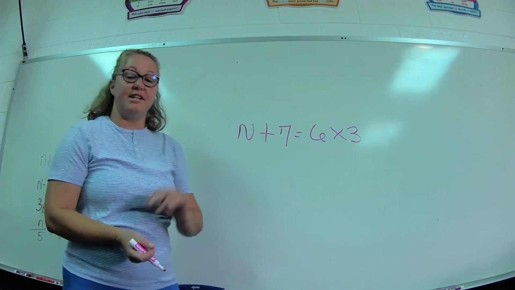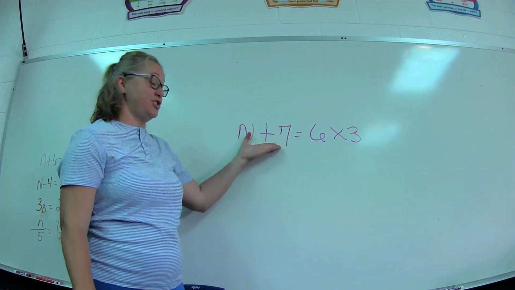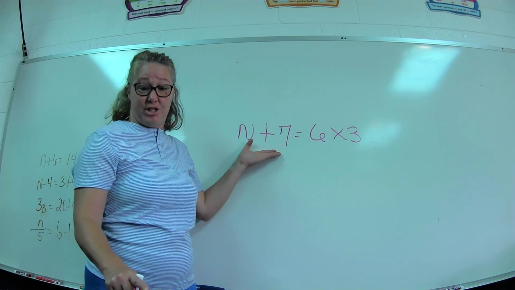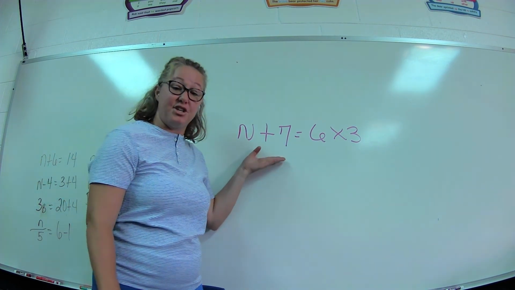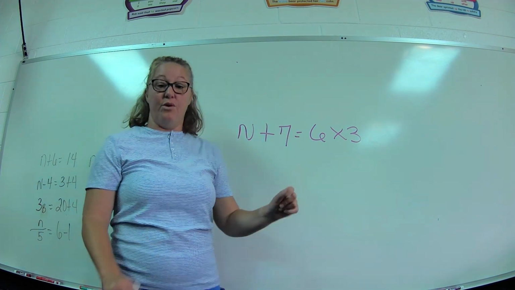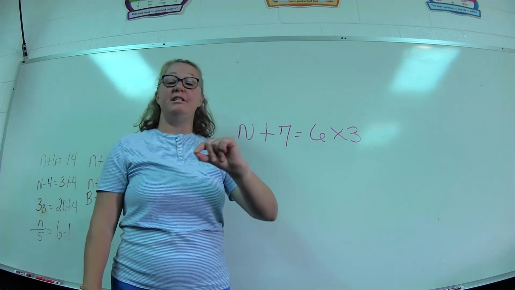All right, let's go over some very basics. If we have an addition statement, we're going to use subtraction. If we have a subtraction statement, we're going to use addition. When we have a multiplication statement, we're going to use division.